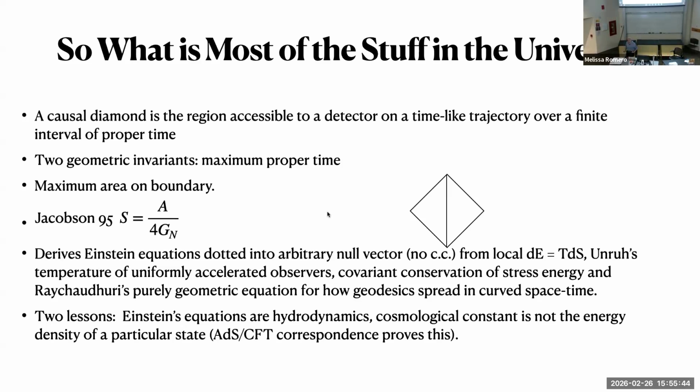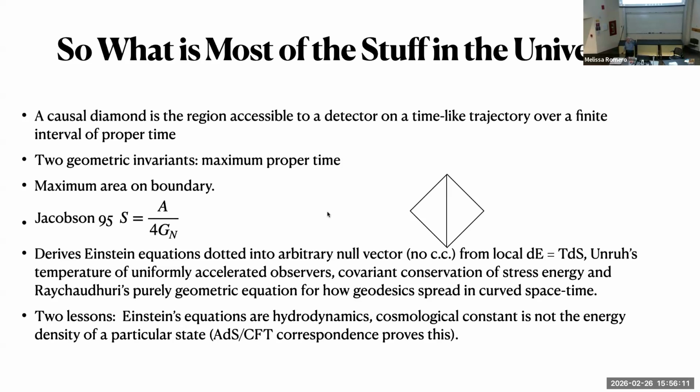If you look at the person sitting a few seats down from you, they have a similar causal diamond. It's not the same as yours, but it's their causal diamond. So every time-like trajectory in space-time over any finite proper time interval has a causal diamond associated with it.